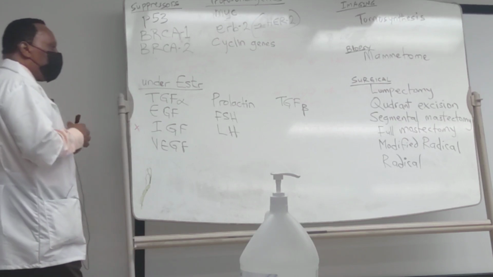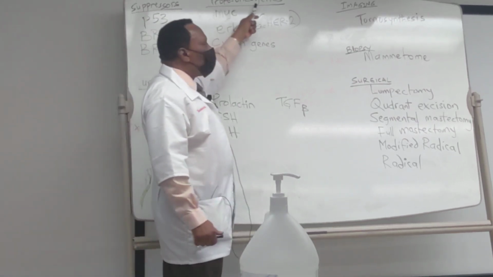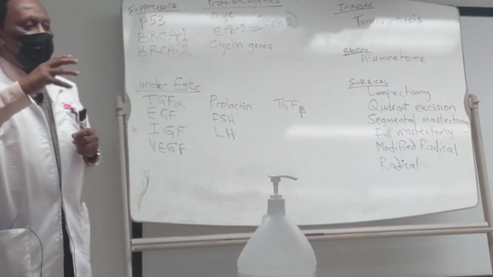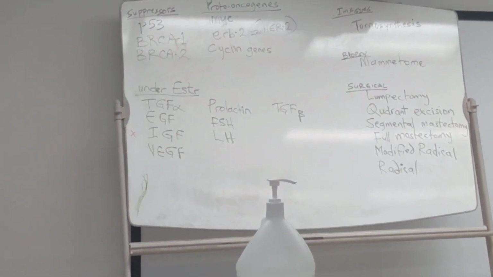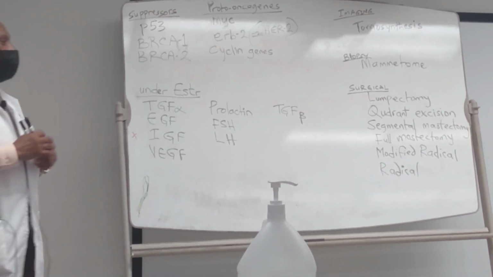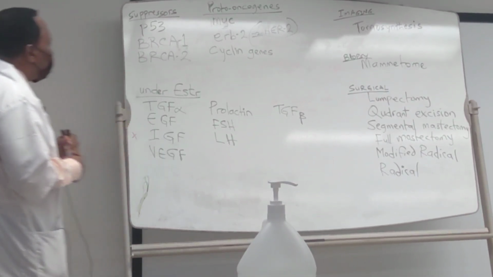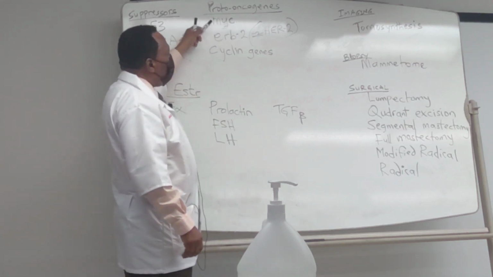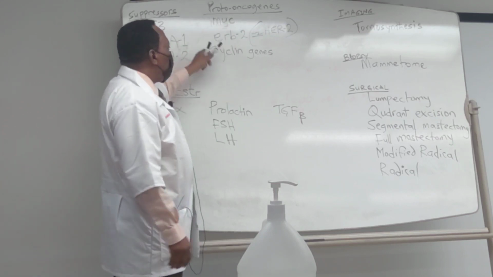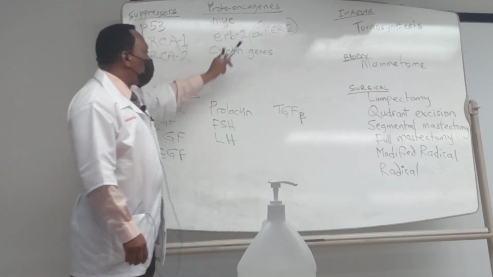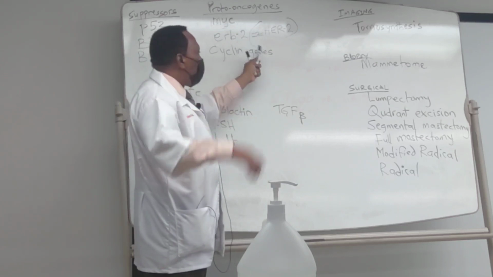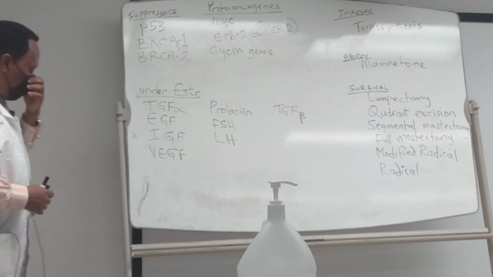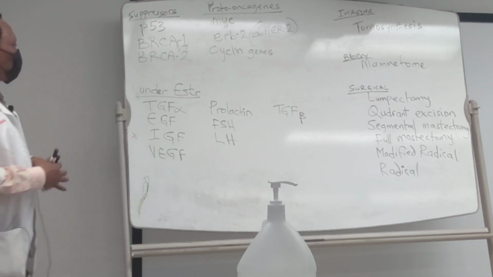Now the body actually has some proto-oncogenes. That is, those genes that if you activate can actually lead to the growth of breast cancer cells. Those proto-oncogenes are what you call the MYC genes, the ERB2 genes, which is actually about the same as your HER2, the human epidermal growth factor receptors.